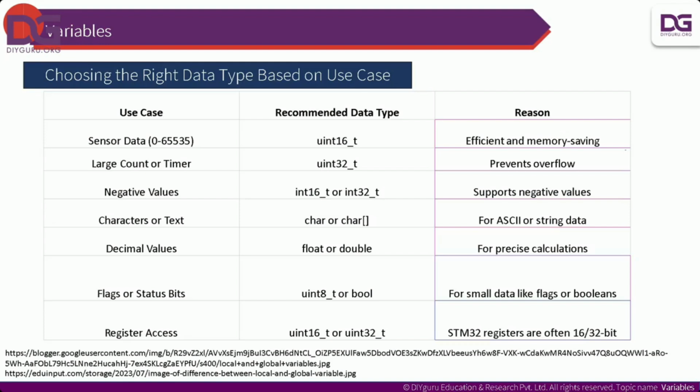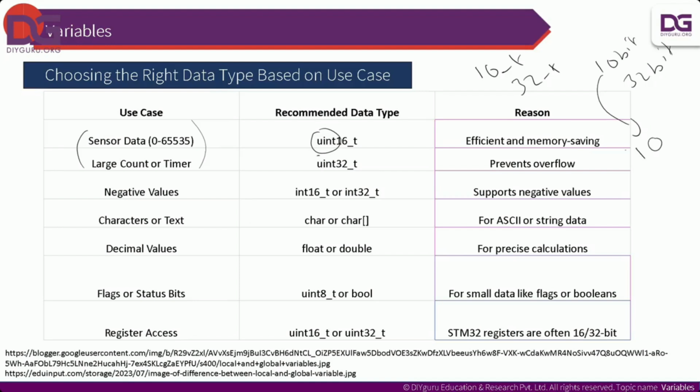Then next is choosing your data type for your use case. If you are dealing with sensor data, sensors and applications that deal with positive values, we use uint. There are two things: uint16_t and uint32_t, which are 16-bit and 32-bit.